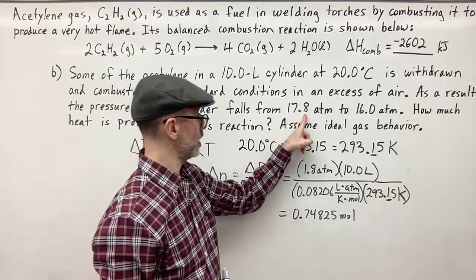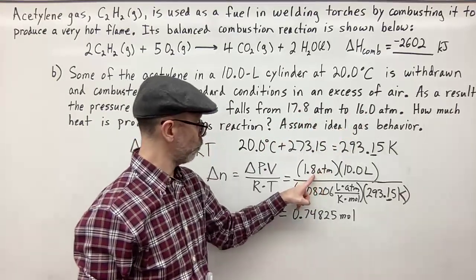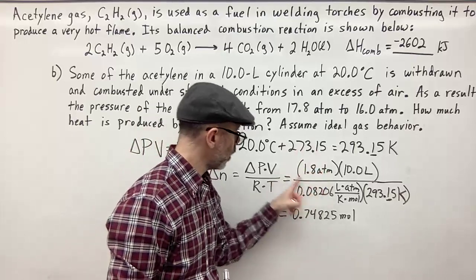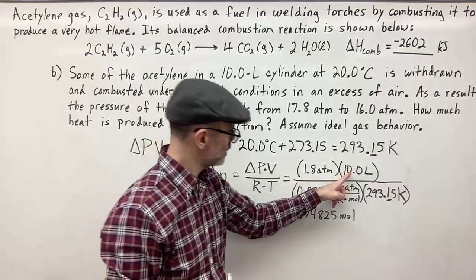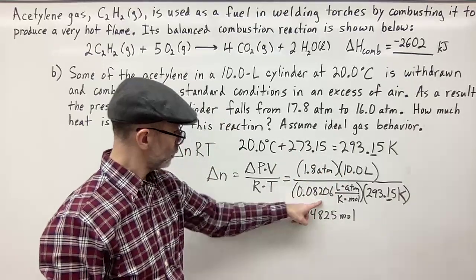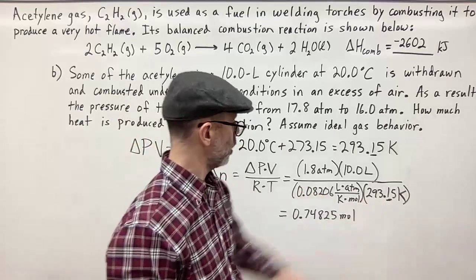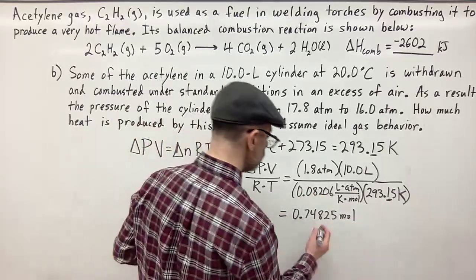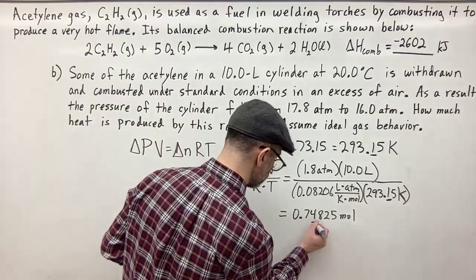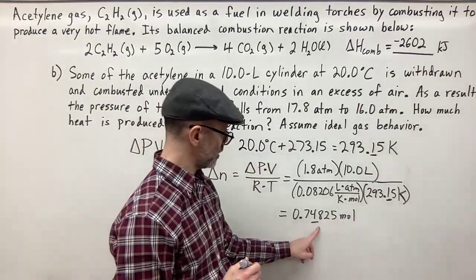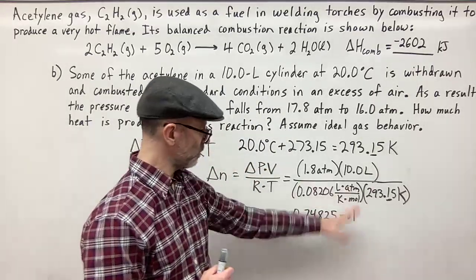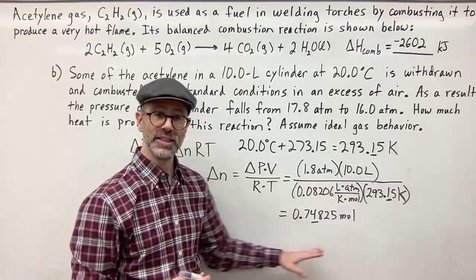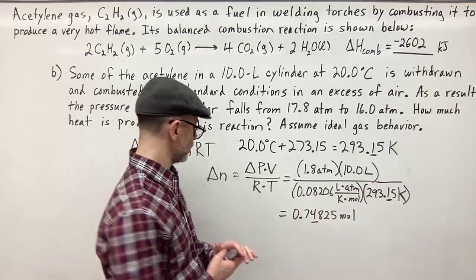So this has 1 decimal place, this has 1 decimal place, so I have 1 decimal place here. Therefore I have 2 sig figs here. This has 3, this has 4, this has 4, so the least number is 2. So I'm going to underline the 4 because that's the second sig fig. I'll keep everything else to avoid rounding mistakes because I have to do more calculations.